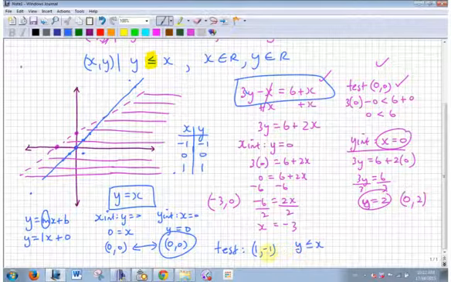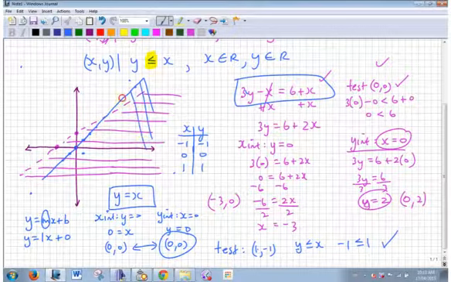Y is -1. Is that less than or equal to 1? Is -1 less than 1? Sure is. So that's in the solution area for the blue line.